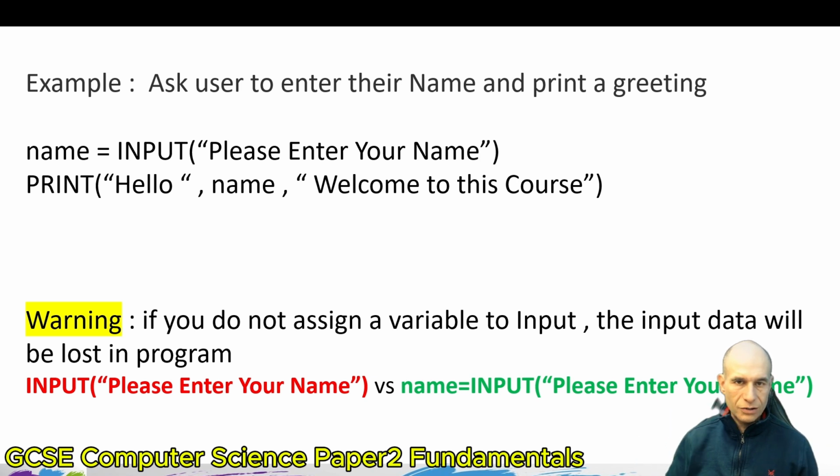It just gets lost. So it's very important. If you just put input, please enter your name, this is wrong. You always need to have a variable, have an equal sign, and put that input here. Let me give you an example of how it works and why it's very important.